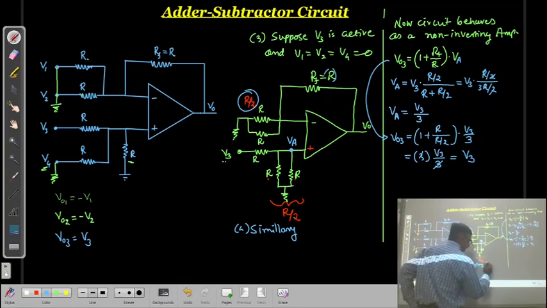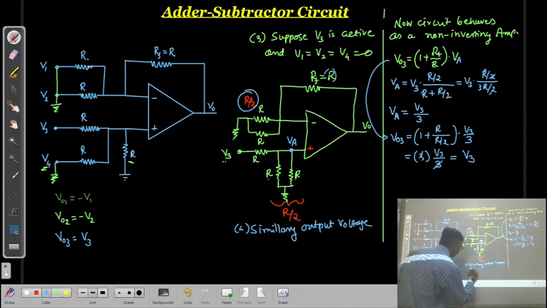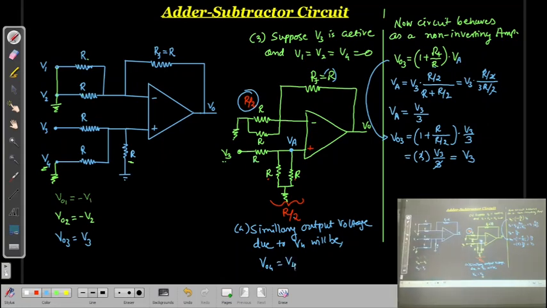Similarly, the output voltage due to V4 will be VO4 is equal to V4. Correct? Means VO4 is equal to V4.